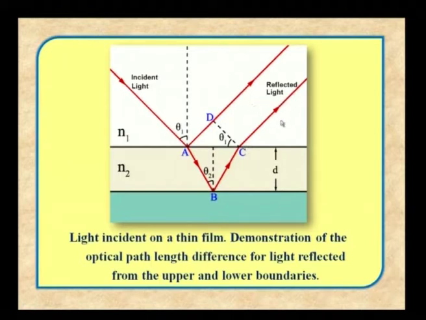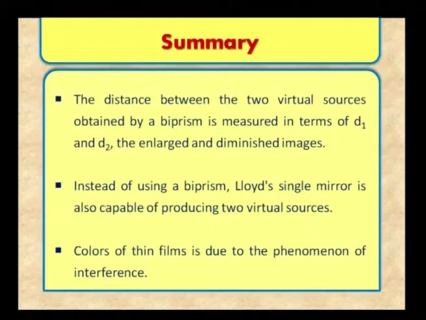These two light rays, shown by arrows, are reflected by the upper surface and lower surface of the film of thickness D. Depending upon the manner in which the two light waves interfere, you will have either constructive or destructive interference.